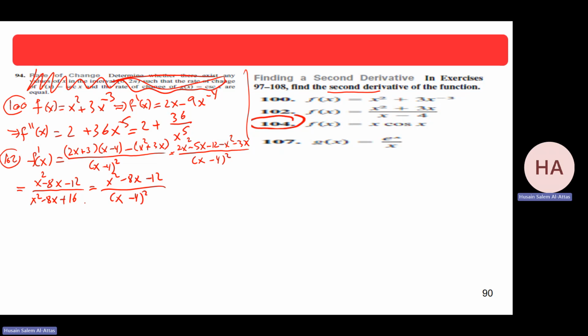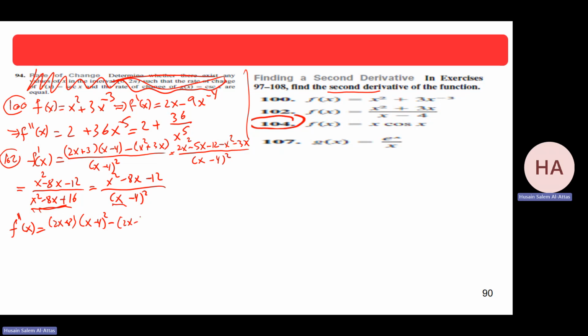I will play with this denominator. Sometimes I'll use this, sometimes I'll use this. It depends on the calculation. F double prime will be what? The derivative of the numerator, which is 2x minus 8, times the denominator. Now we'll use the derivative of this, which is the same.